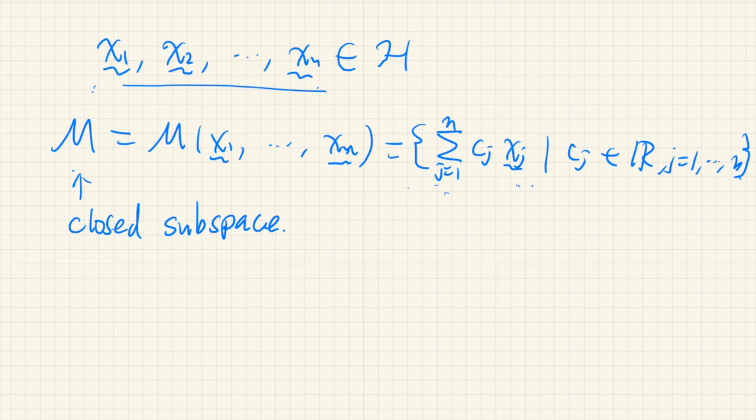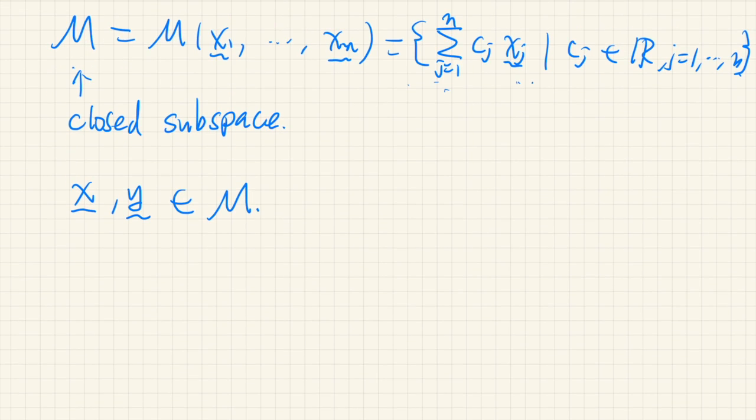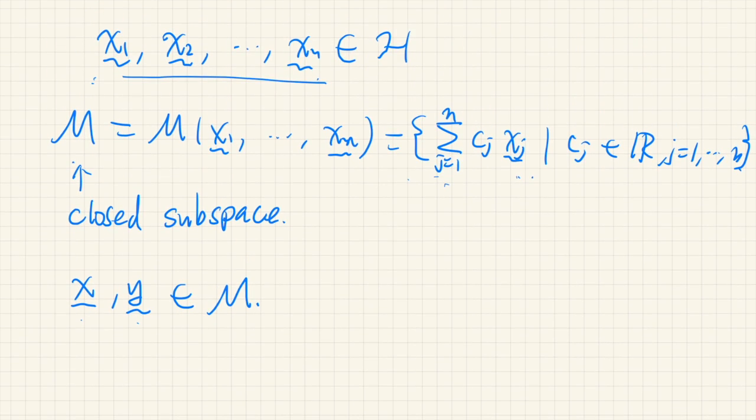So let's prove this. In order to prove that this M is a closed subspace, we need to prove that it is a subspace and it is also a closed set. But proving it is a subspace is actually trivial, but just in case, I'll prove it. If x and y are in M, that means x and y can be represented as linear combinations of these vectors.